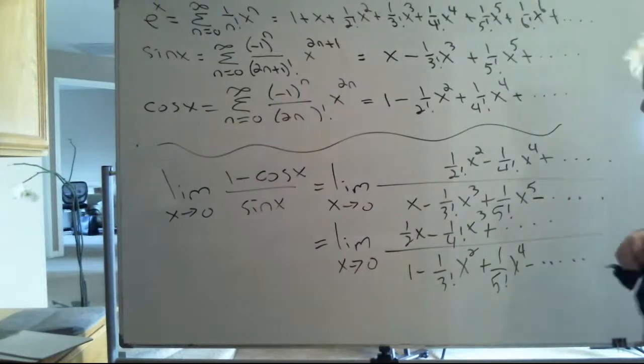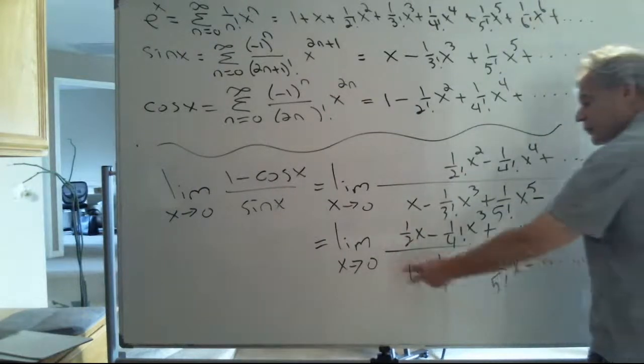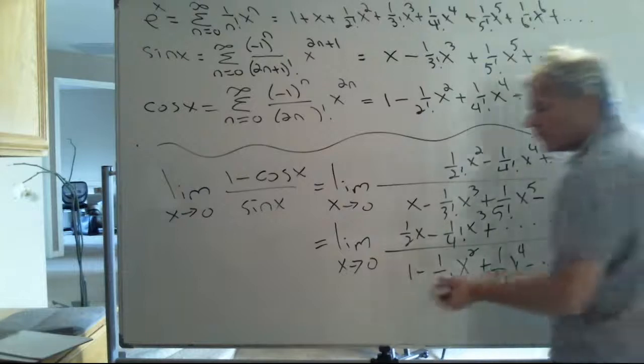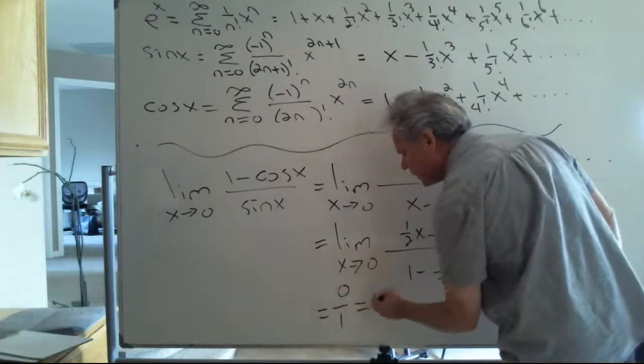Now take a peek at how if you evaluate x equals 0, every term upstairs goes to 0. Every term except for the first downstairs goes to 0. So aren't we really left with 0 divided by 1? Or shall we just say simply 0?